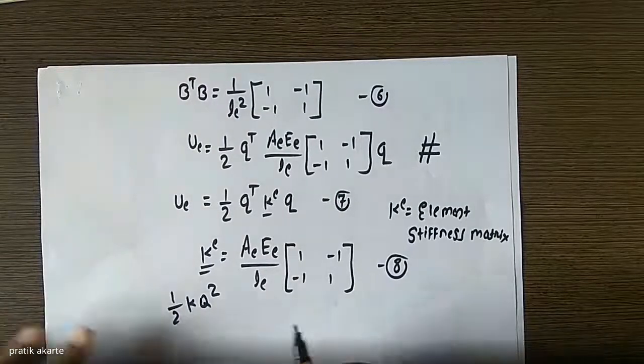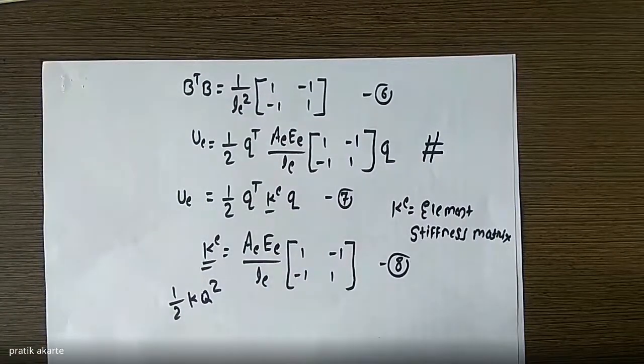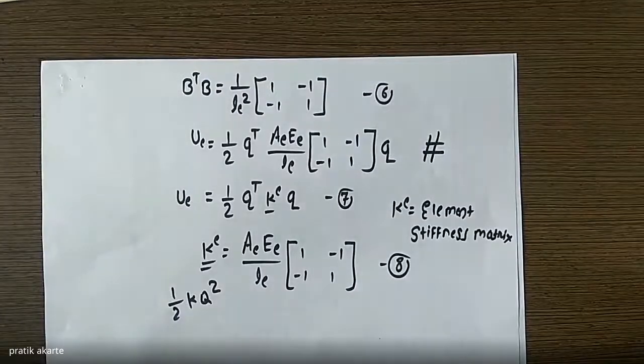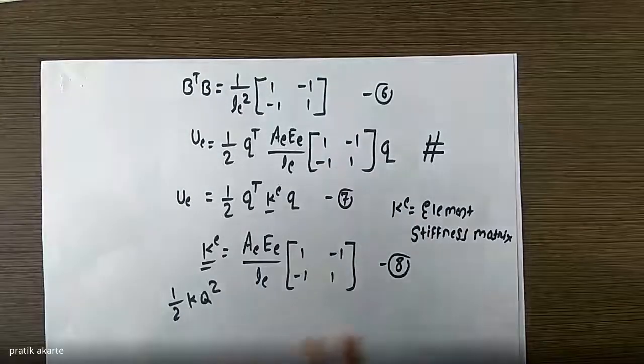Now, if we club together, if we add together these element stiffness matrices, then you will get your global stiffness matrix. So this is an important point to consider for the element stiffness matrix.